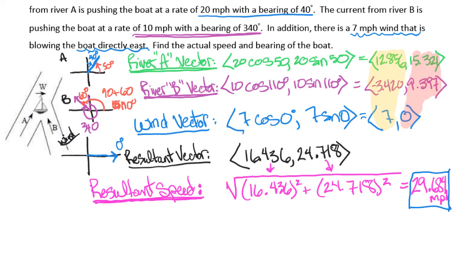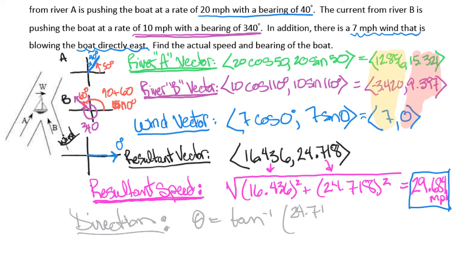Finally, we need to find our direction, and so the direction comes from our tangent, because remember that we are doing, give me a second, direction is the tangent of that angle measure, so theta is going to be tangent inverse of 24.718 over 16.436, which is approximately 56.378.